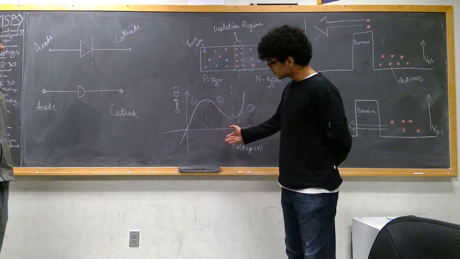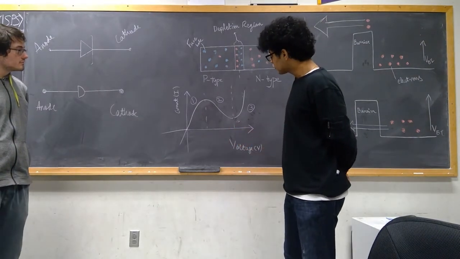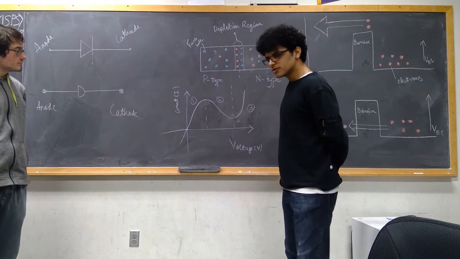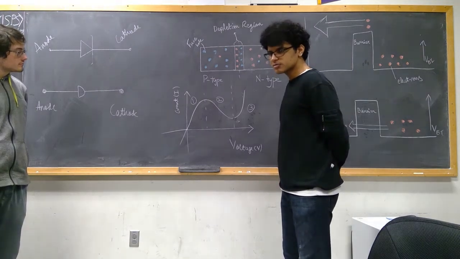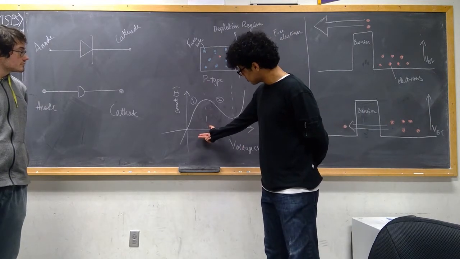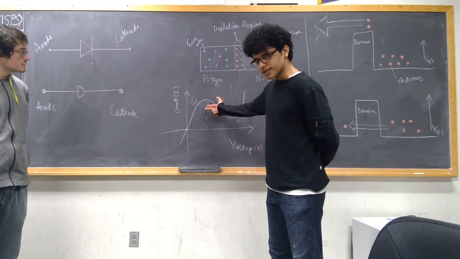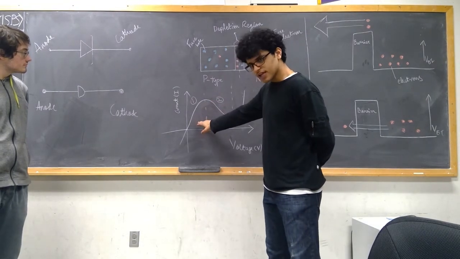An IV characteristic here of a tunneling diode shows how the current through the diode varies with varying voltage. As one applies voltage and keeps on increasing it, the current increases rather linearly. This is the first region of the IV curve.